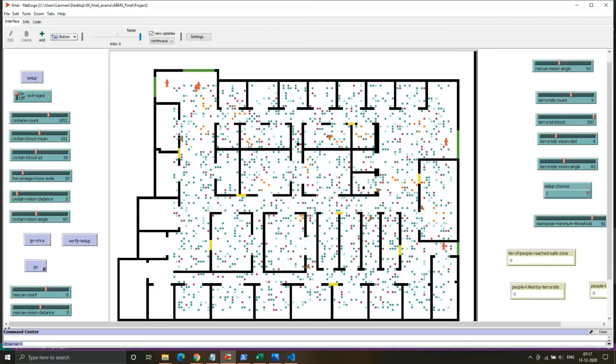As soon as the simulation starts, all persons will try to get to the exit point as soon as possible. The purple agents, who have the knowledge, will go right away to the exit point, avoiding obstacles using breadth first search, which we implemented. Those who don't know the exit, when they see the exit signs within their vision range, will know where the exit is, and like purple agents, will try to rush.